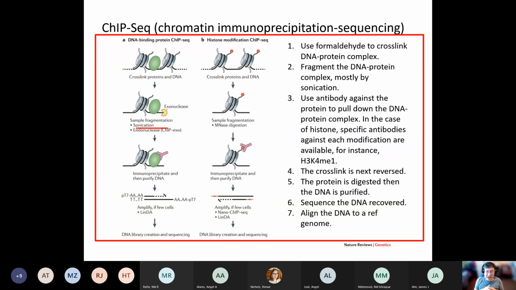Eventually, you identify that associated DNA by sequencing usually. So the result will be identification of DNA sequences that are associated with that particular modification. Eventually, what you get is DNA sequence.